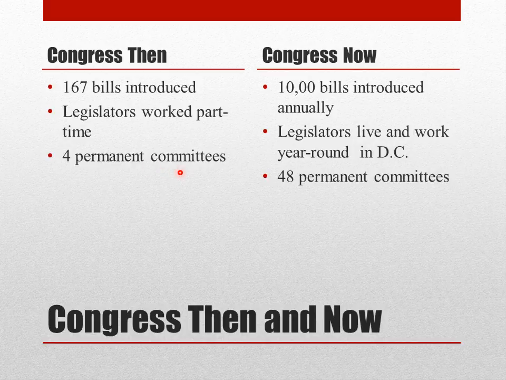Smaller focuses is what that would be. And now you have 48 permanent committees. So if you look at the number 4 to 48, 200 years later, this shows that each committee is made based on something that's happened. For example, now we have a climate change committee. The more things that happen, the more committees we're going to have. A lot more things are happening than were happening at the dawn of our government.